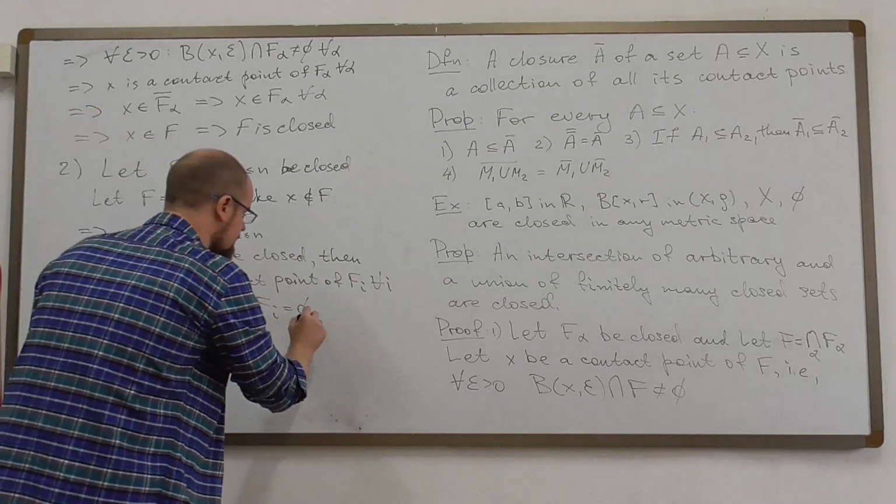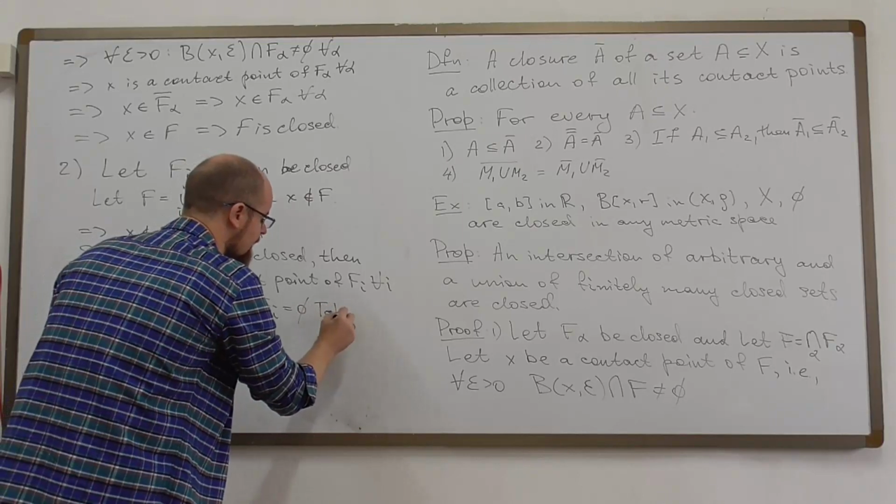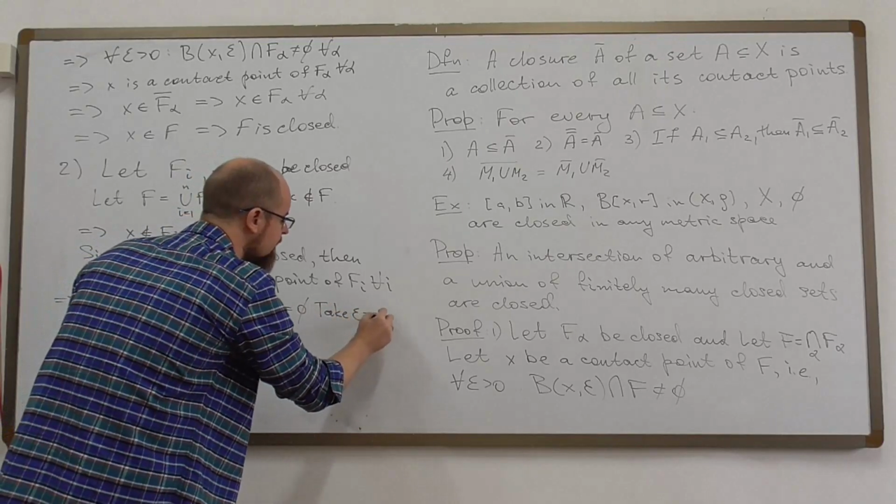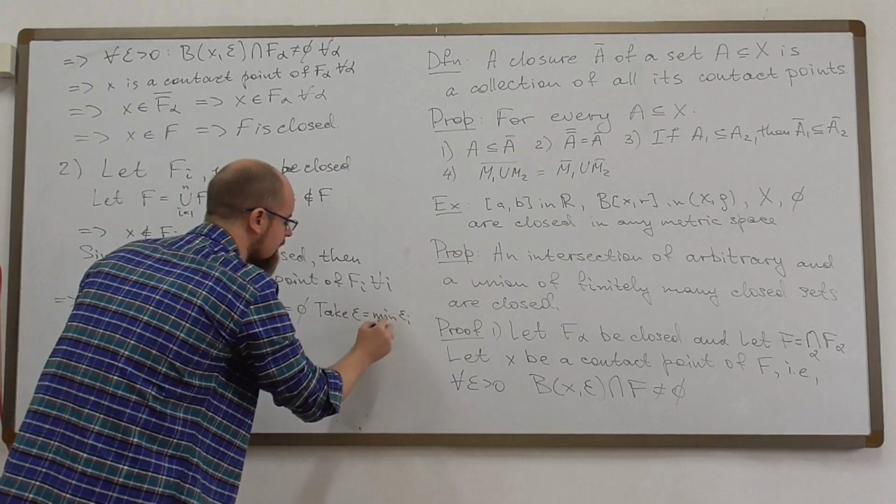Now, I will take epsilon to be the minimum of all epsilon i.